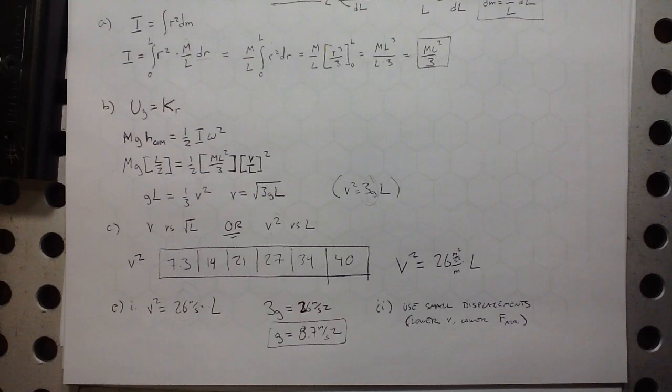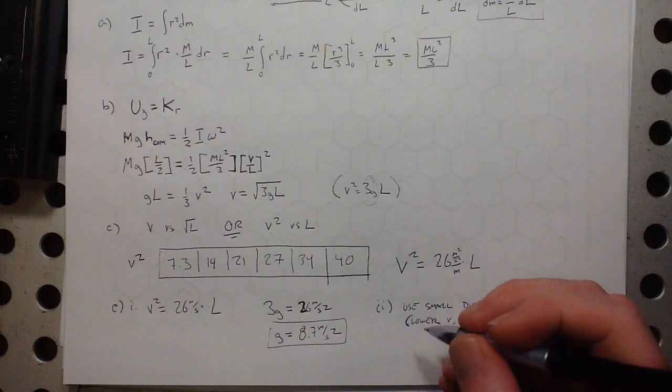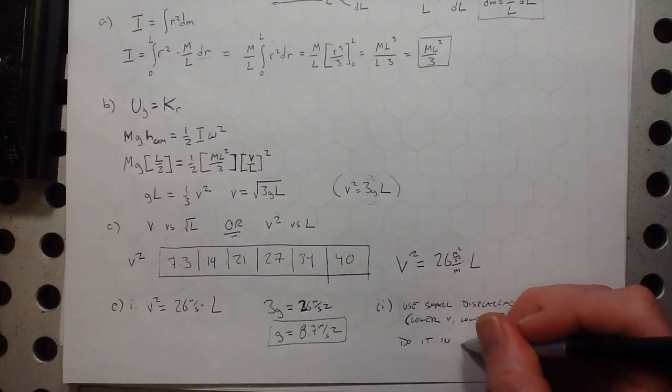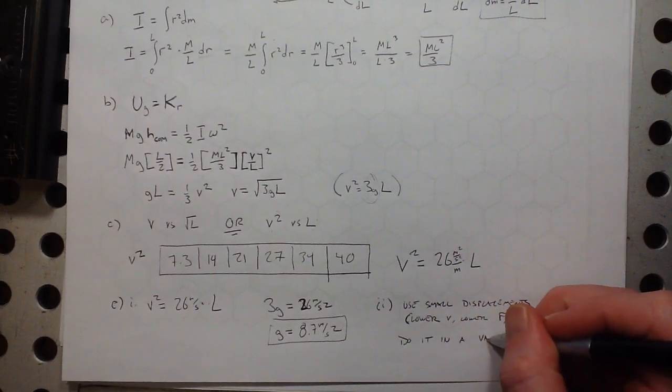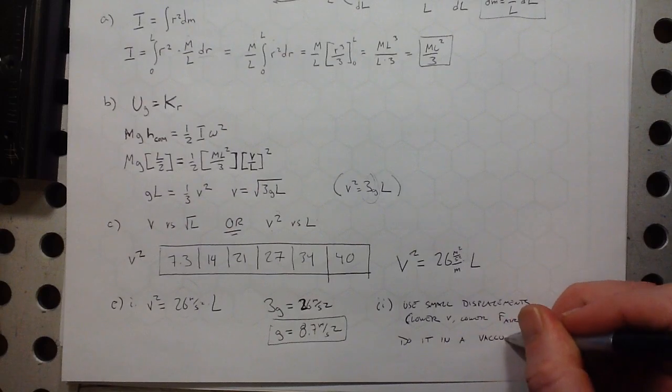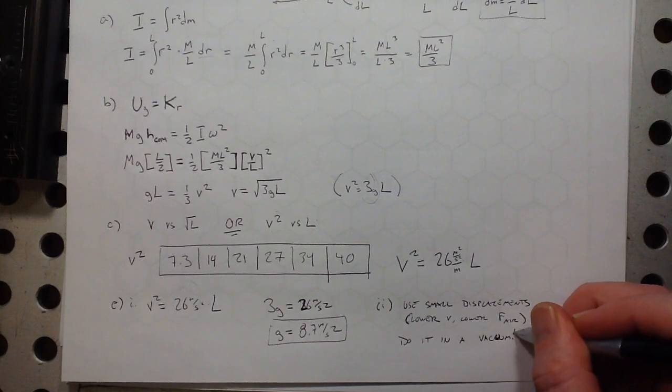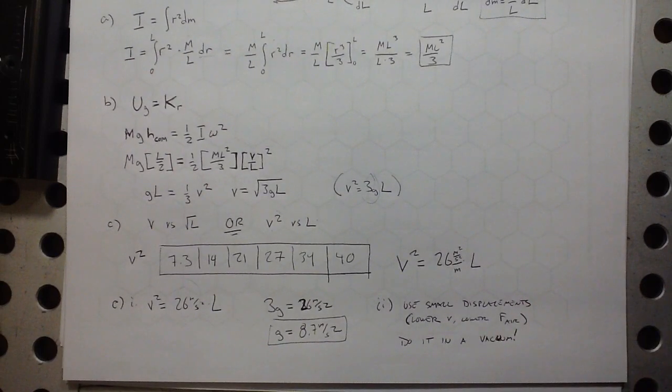So any of those are okay. Let's go with do it in a vacuum. That sounds fun, right? Oops, sorry, there's only one C there. All right, there you go.